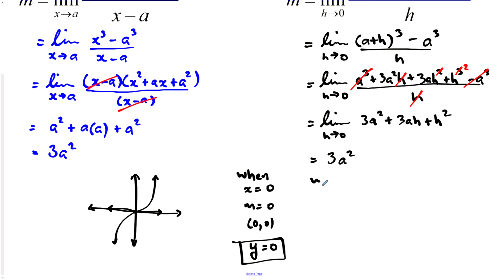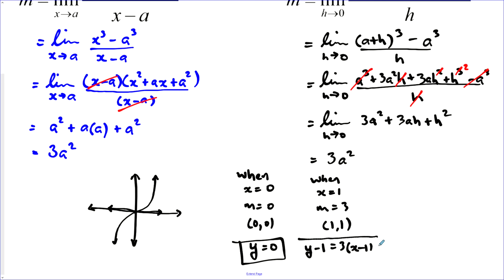Okay, when x is equal to 1, then our slope would be 3. Just put 1 in there: 1 squared times 3 is 3. And from the equation, when x is 1, we get 1 cubed is 1. So the point it's going through is 1, 1. So we'd have y minus 1 equals 3 times x minus 1.